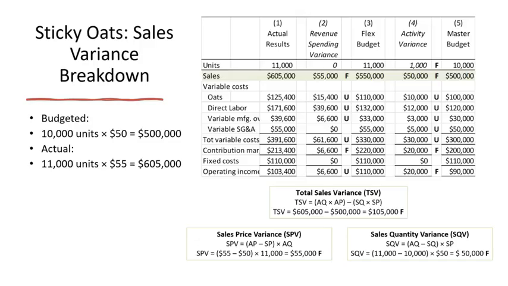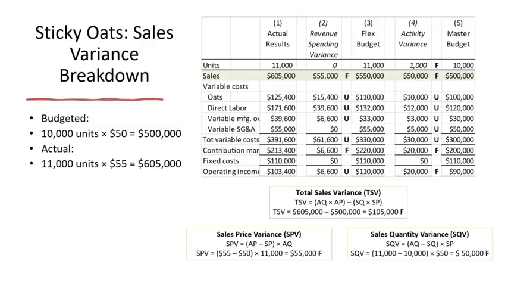Let's break down the surprise win from Sticky Oats' October sales. So they expected to sell 10,000 units at $50 each, totaling $500,000. But they actually sold 11,000 units at $55 each, totaling $605,000.